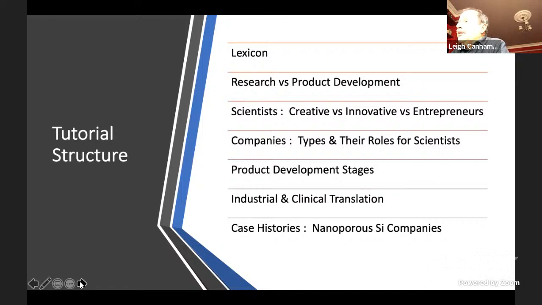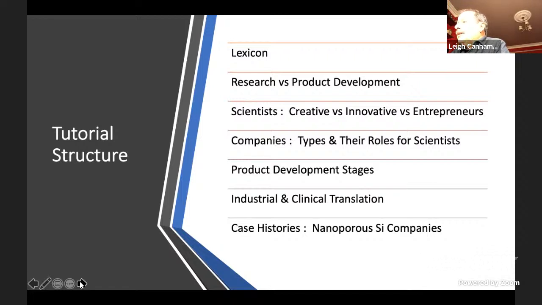And we'll look at some famous people and try and make the distinction. Then we're going to look at different types of companies, big companies, small companies, and how they employ scientists in a number of different roles.